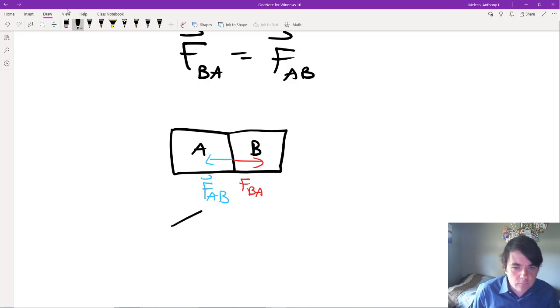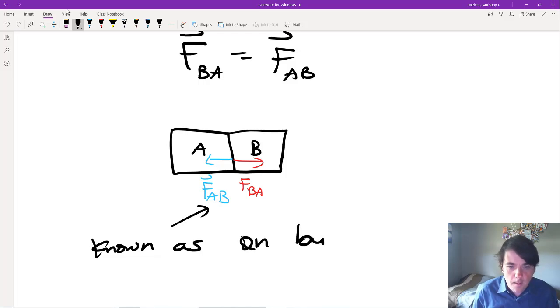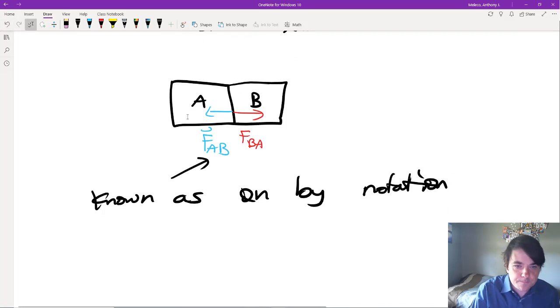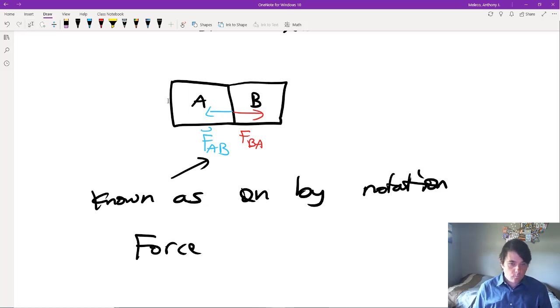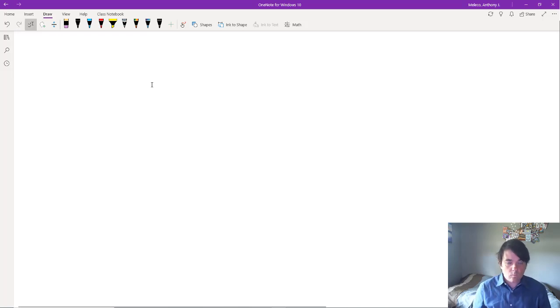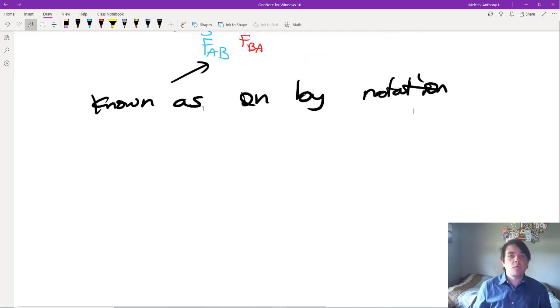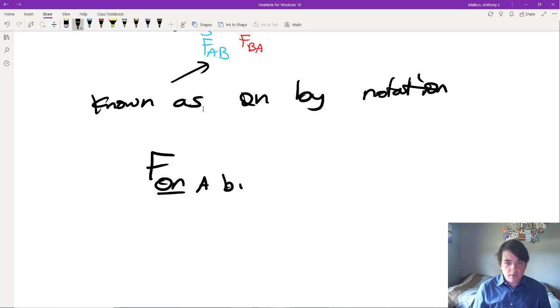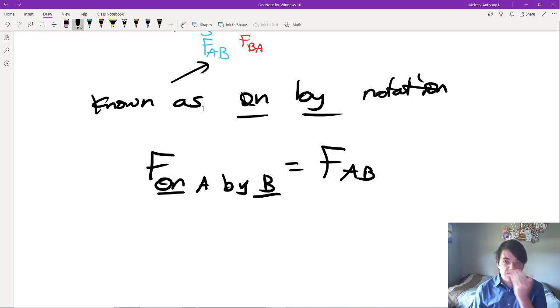This is known as on-by notation. In other words, the force on A by B equals F_AB. By and large, most textbooks use this notation.